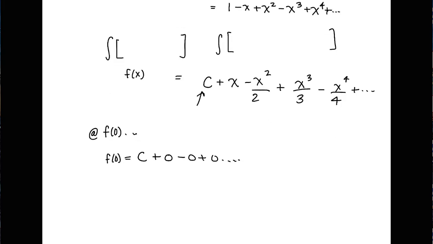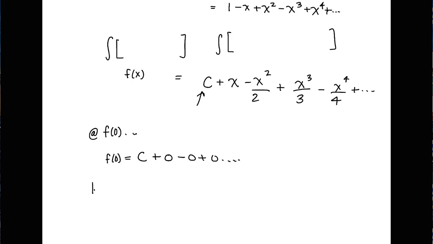Now we need to figure out what this constant c is. We will use the fact that at f of 0, we plug in x equals 0 to both sides. F of 0 would be equal to the constant plus 0 for all the rest of these terms. So f of 0 should be our constant.